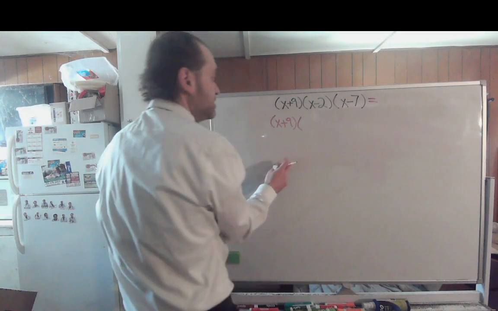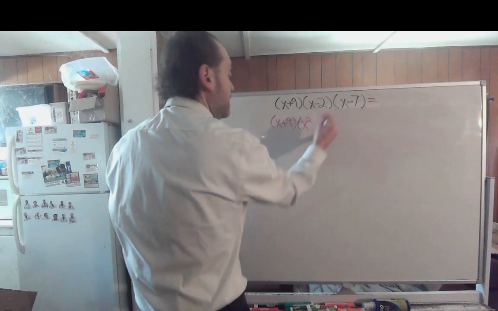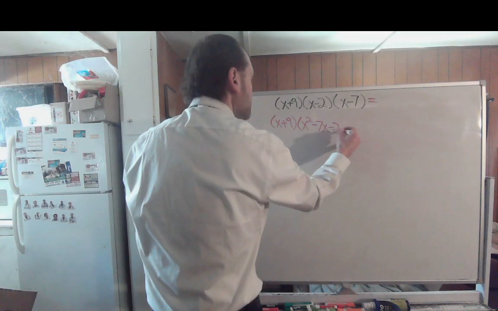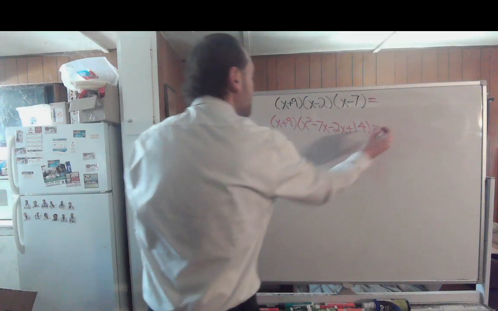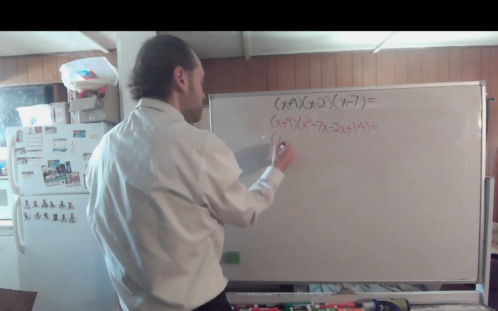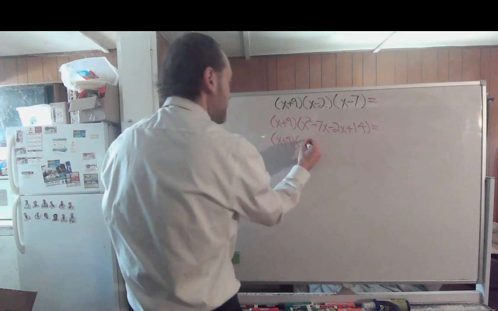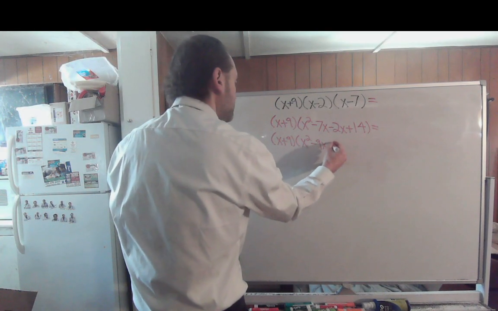What does that turn into? X times x is x squared minus 7x minus 2x plus 14. Which is going to simplify into the quantity of x plus 9 times x squared minus 9x plus 14.